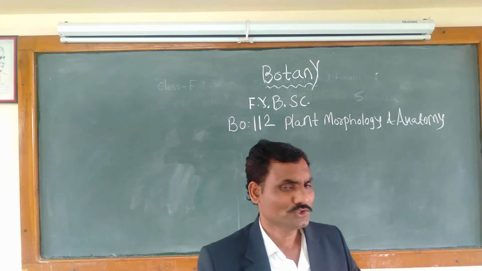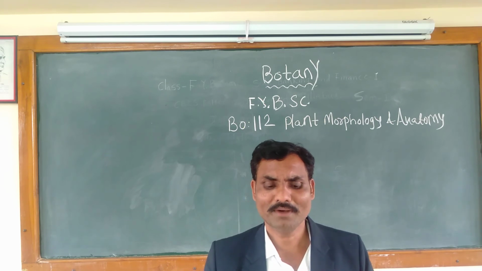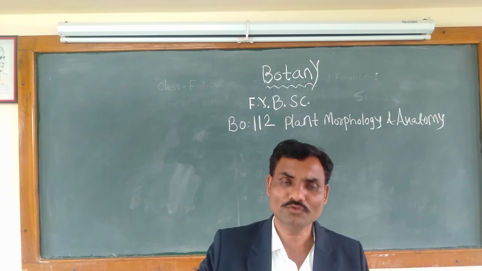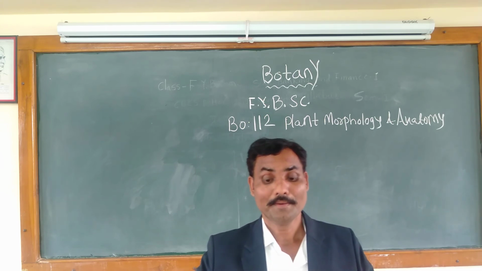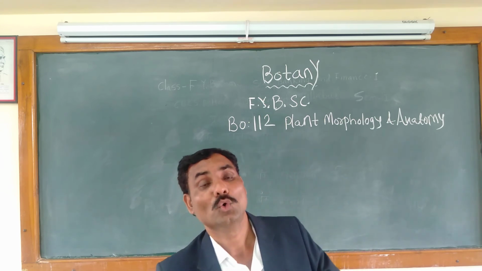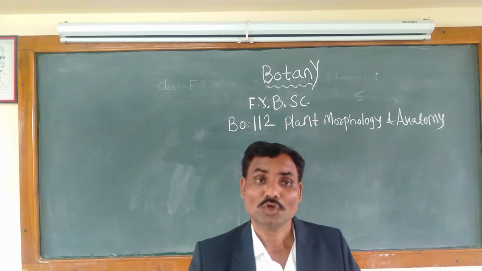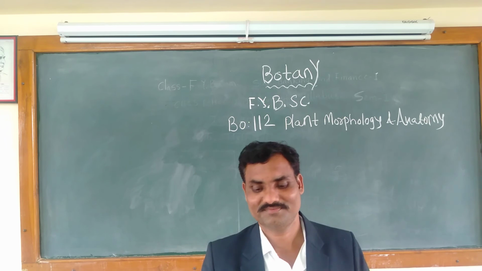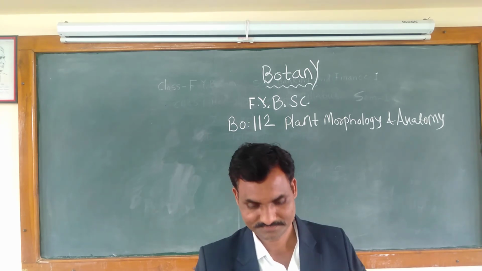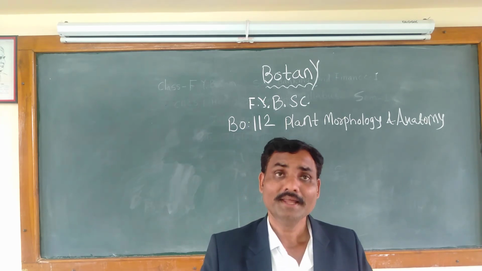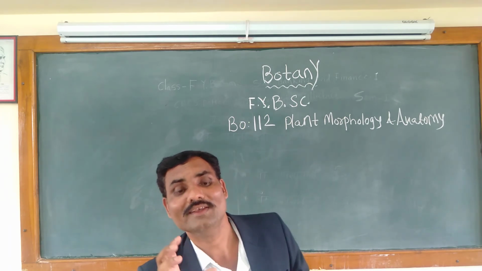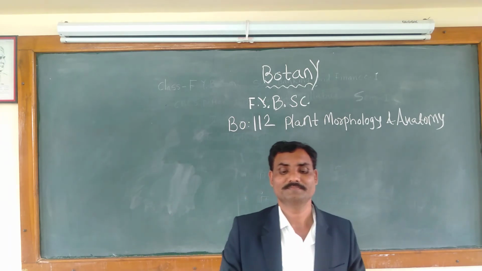Then permanent tissues. What about permanent tissue? In permanent tissue we are going to learn about simple tissues, parenchyma, collenchyma, chlorenchyma, and sclerenchymatous cells or tissues. Then the next article is complex or vascular tissues.